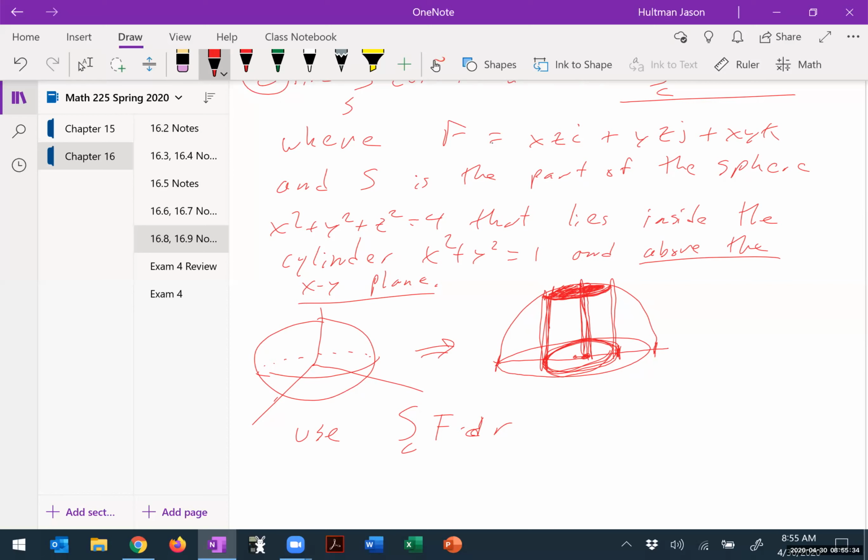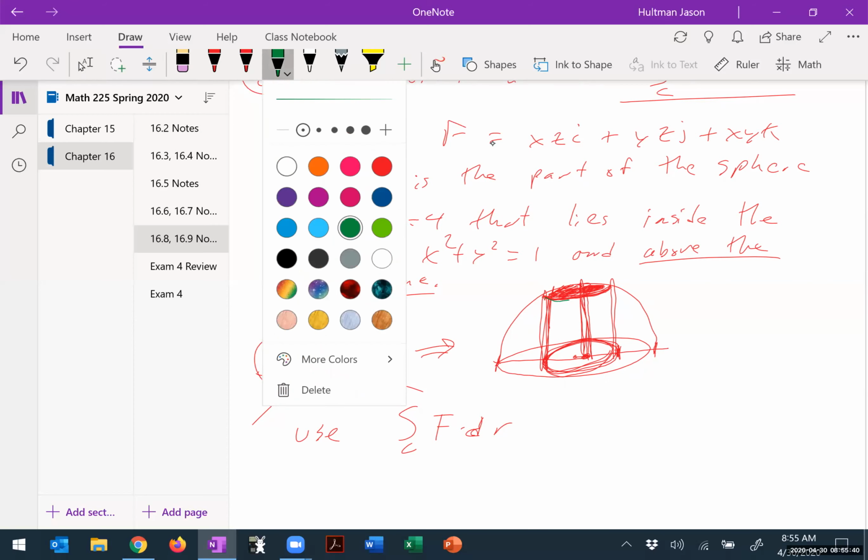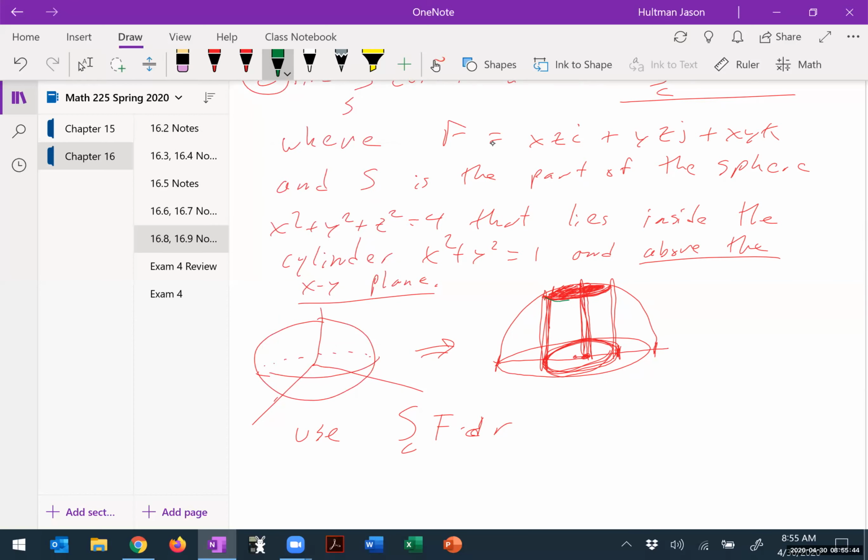So let me change colors here. So what is C? Let me make that thicker. C is going to be this guy here. I'm putting it in green. This is C. C is just my boundary around that surface.